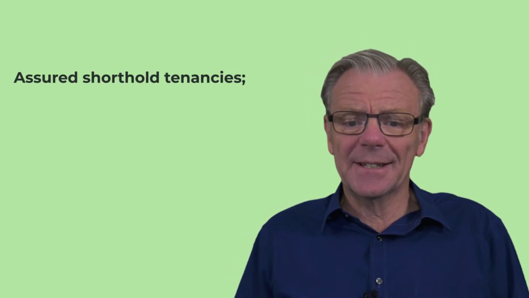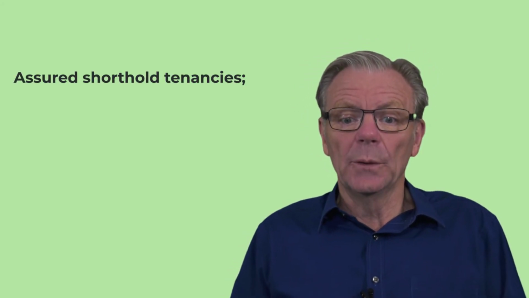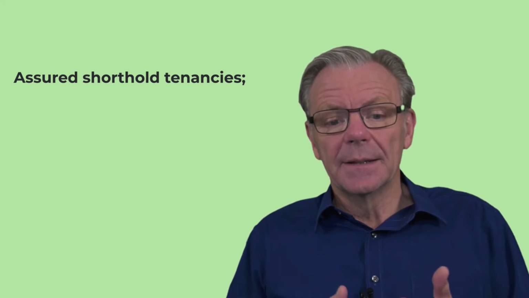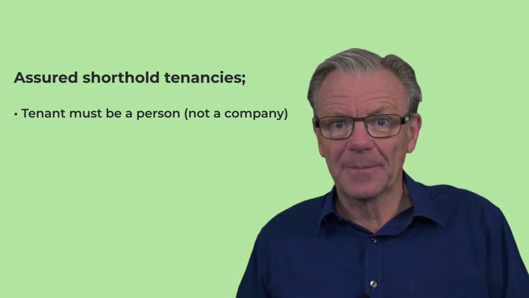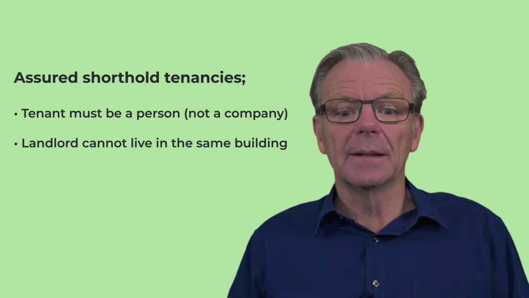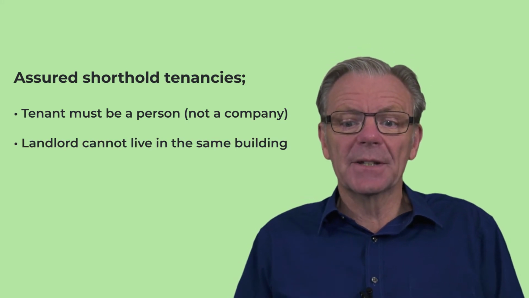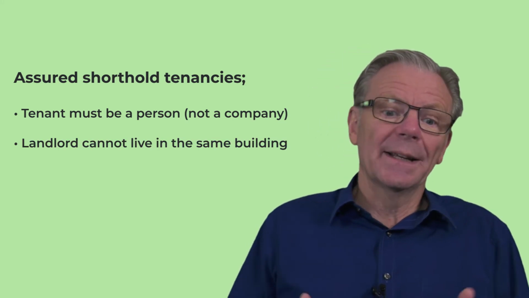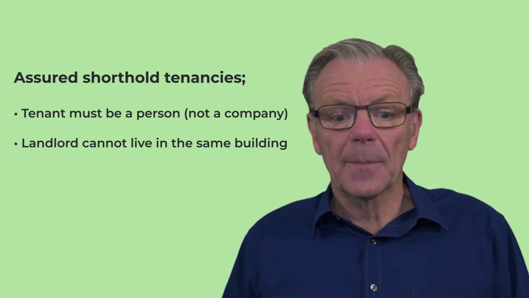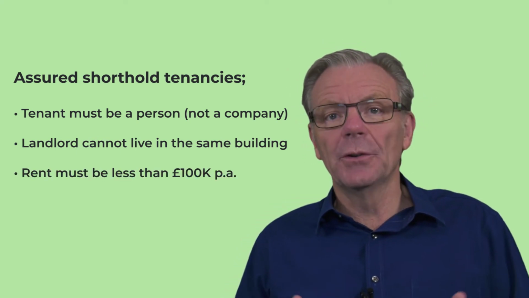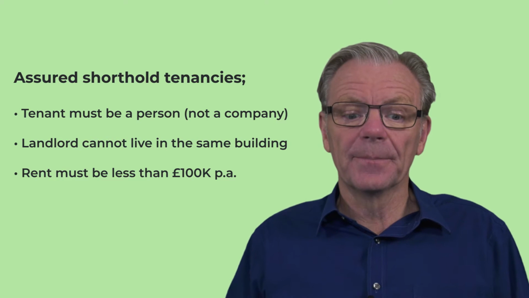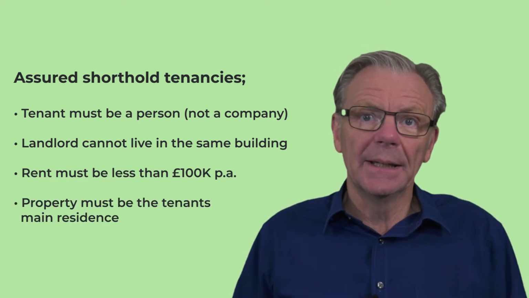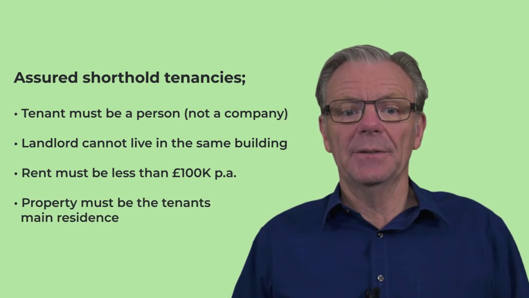So to have an AST, the following must apply. The tenant must be a person, not a company. The landlord cannot live in the same building or in a connected part of the building. The rent must be less than £100,000 per annum, and the property must be the tenant's main residence. If those things apply, we have an AST.